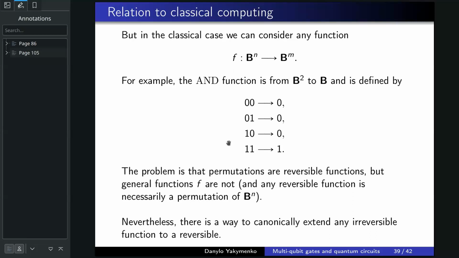So it seems there is a problem here. We can't simply represent the AND function as some unitary operation. We can't encode this AND function directly. But nevertheless, there is a way to canonically extend any irreversible function to a reversible one.